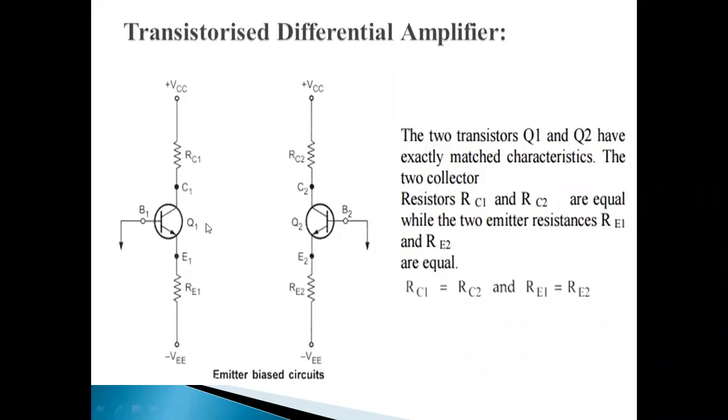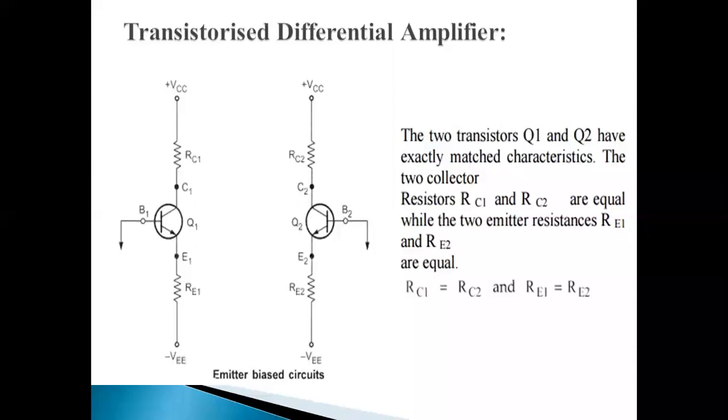These two transistors are matched transistors. So the first rule is, whenever we want to construct a differential amplifier, the characteristics of the two transistors must be the same.